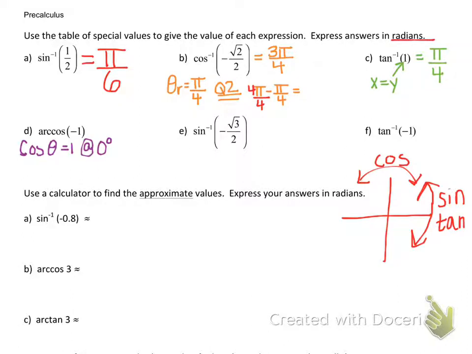So if we know at 0 degrees we have cosine of theta at positive 1, then that means that directly across from that, we're going to have negative 1. So for the cosine of theta of negative 1, to find the theta, we have to do the arc cosine, or the inverse. So we go backwards, and we're trying to find that radian value, so we have pi. So right here on the graph is where pi lies.